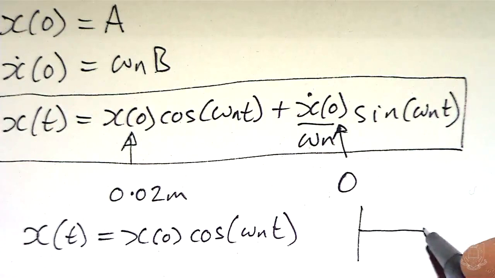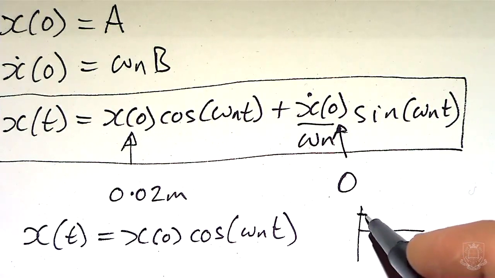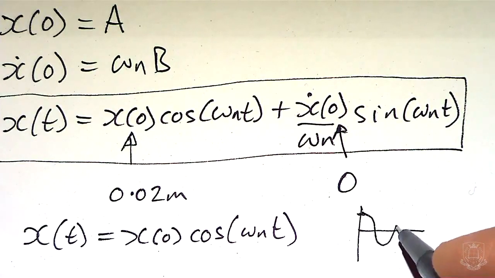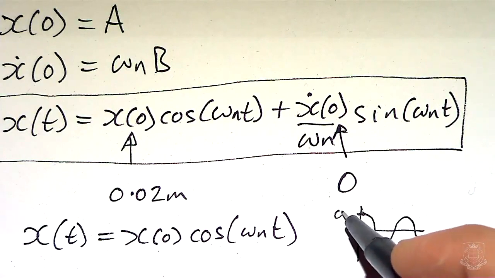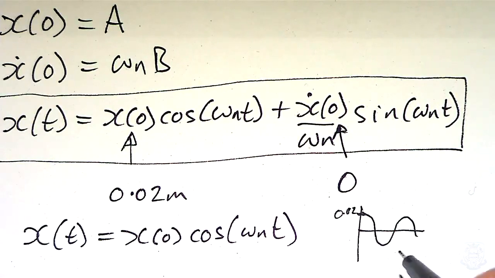If we start something off that's going to oscillate like a cos wave, and this is 0.02, our initial condition, that seems logical. We stretch the spring to a value, we let it go, and it's just going to oscillate as a cosine wave the whole time. So there's a kind of logic to that.